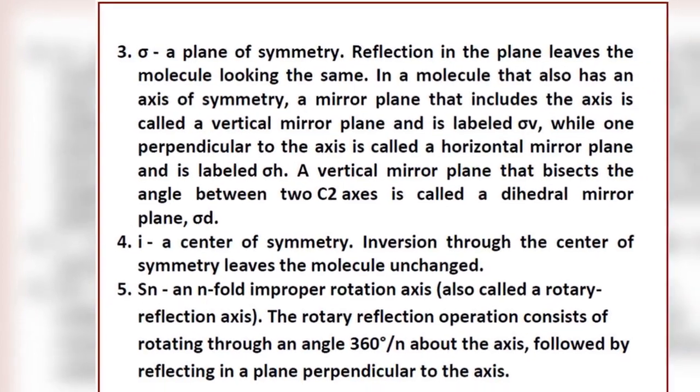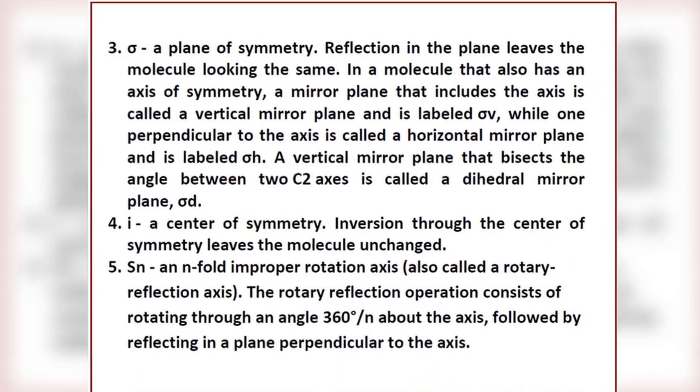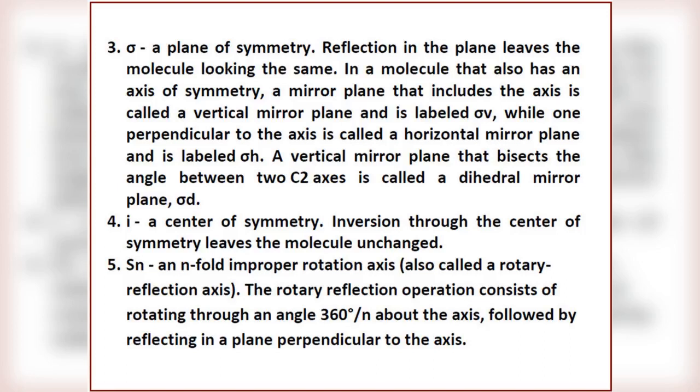There may be sigma v, sigma h or sigma d. i means center of symmetry. Inversion through the center of symmetry leaves the molecule unchanged. Therefore, every molecule contains only one center of symmetry.